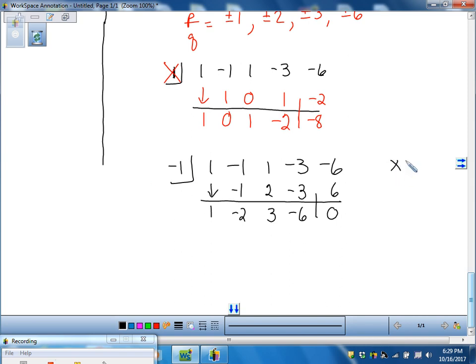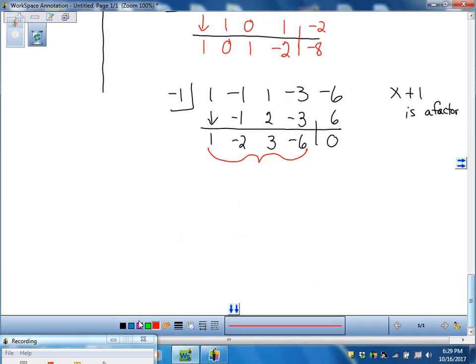So x plus 1 is a factor. Remember, we do the opposite of the sign. Now I'm going to use these new coefficients to do my next set of dividing.